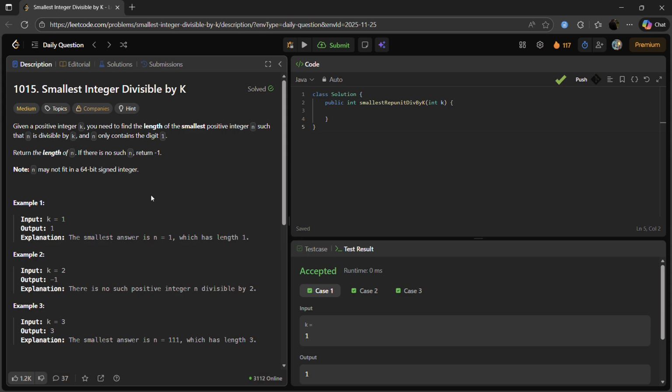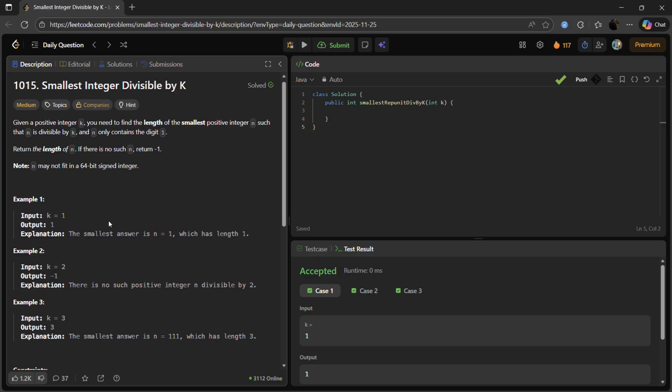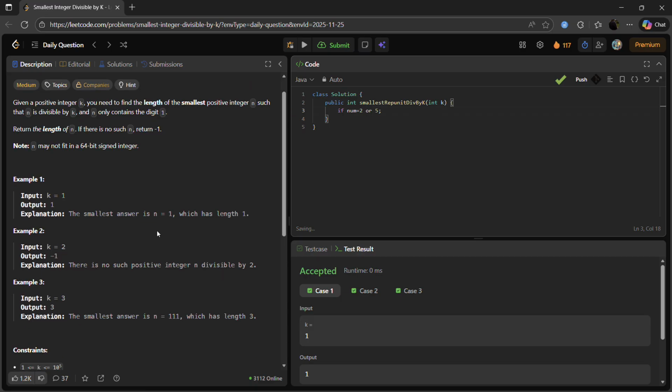Okay, so on. There is a base case for this, which is, what if the number is not divisible by any of the numbers which we are generating using 1? There is a condition for that: if the given number k is a multiple of 2 or 5, then that could end up not dividing.